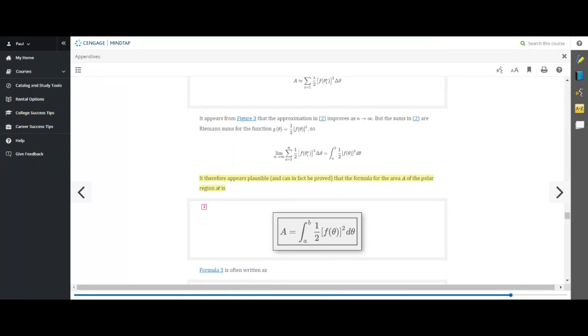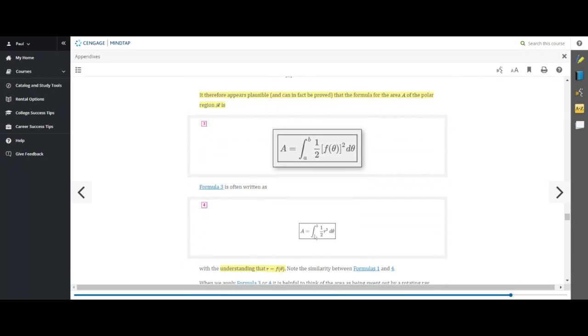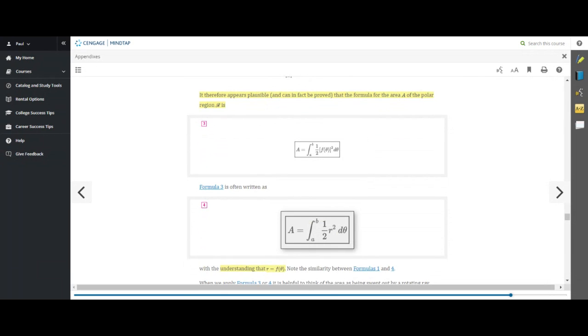Since the radius is equal to f of theta, we often express that formula as the integral from a to b of 1/2 times r squared. We're integrating with respect to theta, because a and b are your starting and ending angles for whatever polar region you're graphing.